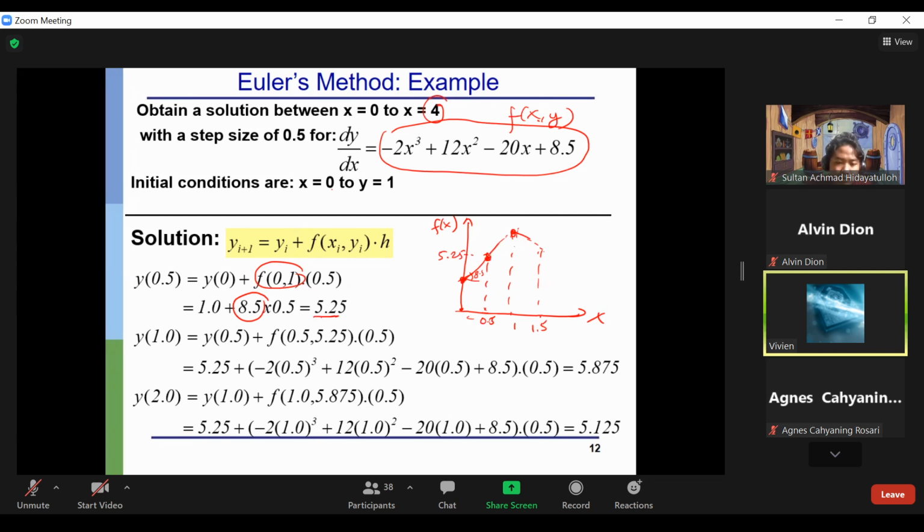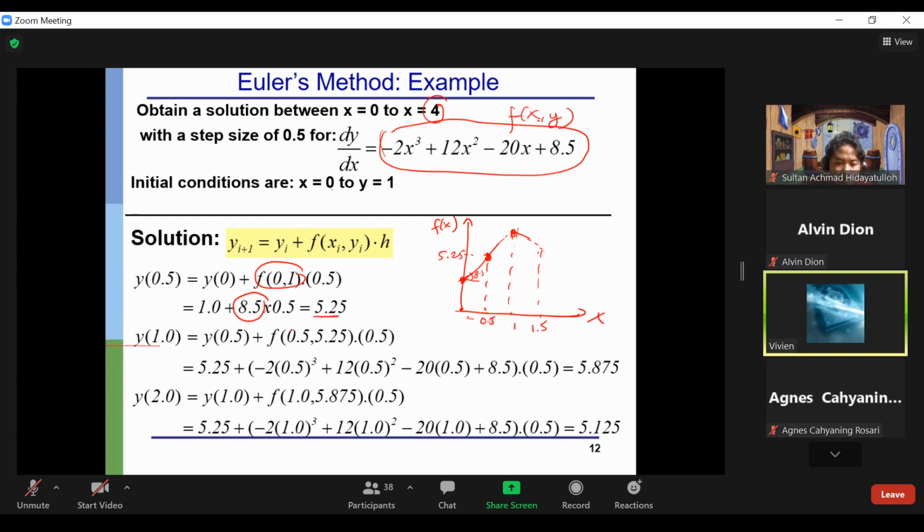And then from this point, we project again to 1. We do marching to the next point. At this point, that will be y at 0.5 plus the slope. We insert the calculation of the slope, because this is the first derivative, the gradient, which is the slope.